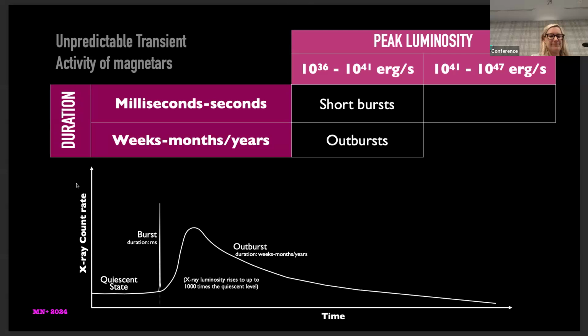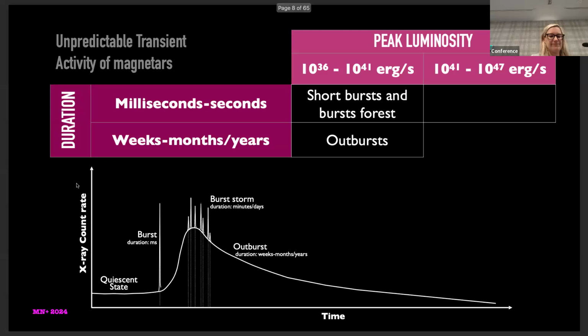There's a longer-period outburst, that's what we call them, in which the X-ray flux, the luminosity, can become brighter, up to 3 orders of magnitude even.